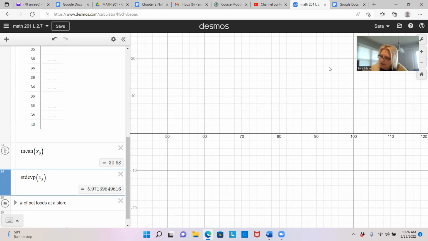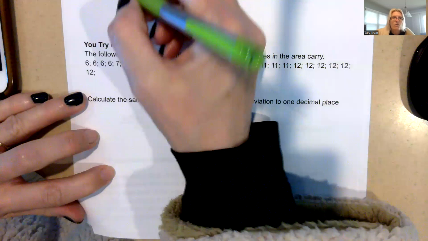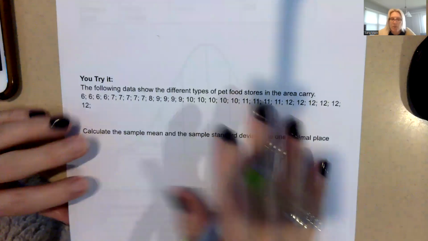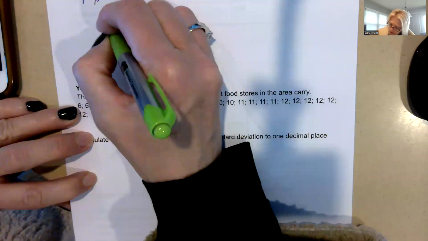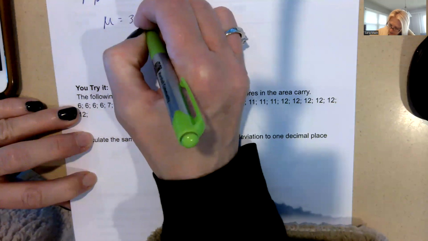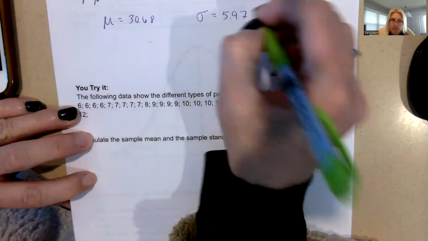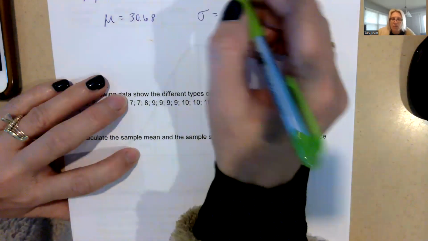And that's 5.97. And that's a sigma. Okay. Then going back to our paper here, it's asking us for the mean is 30.68 and the standard deviation is 5.97. And they asked us to find two standard deviations above the mean.